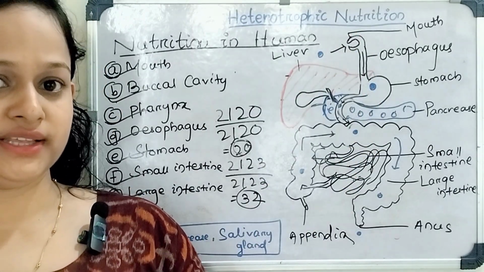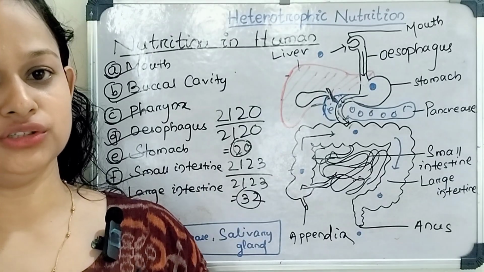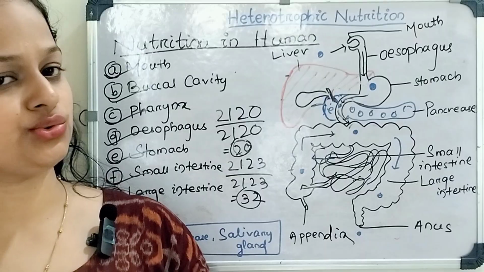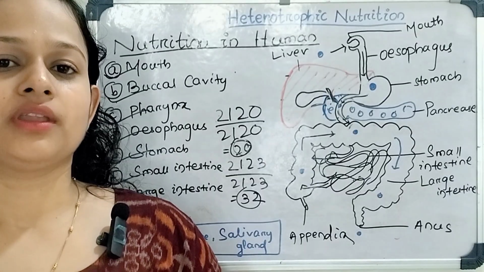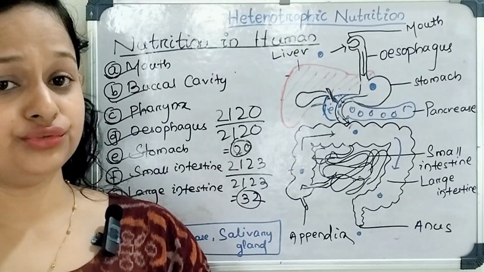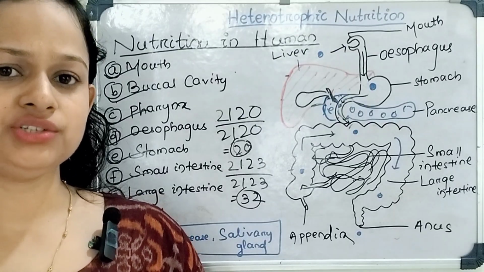At the junction between the stomach and the small intestine there is also a sphincter, known as the pyloric sphincter. When food enters the stomach, it mixes with gastric juice.